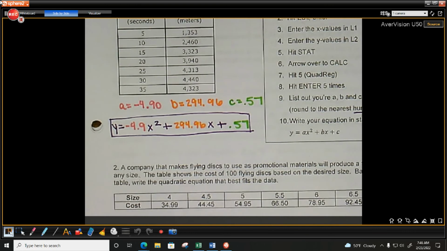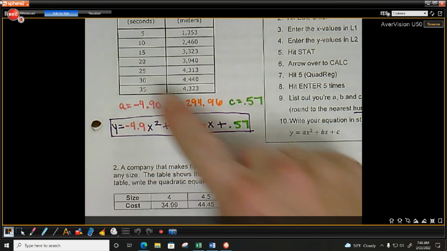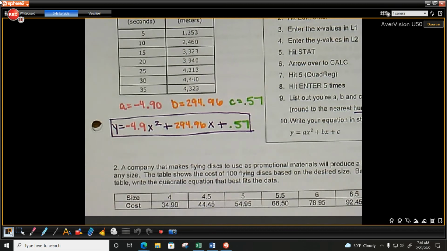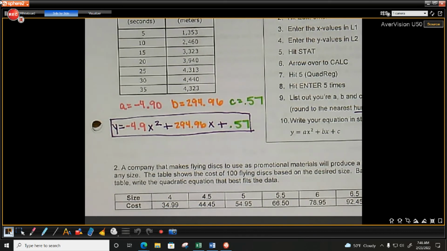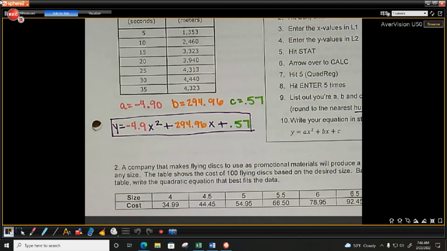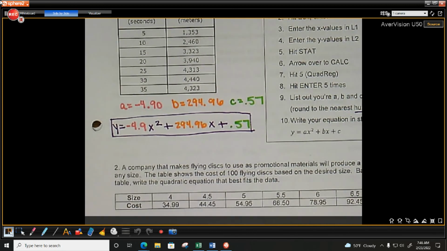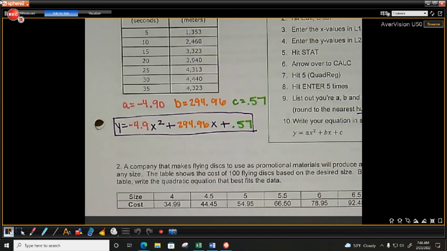No, it's a rough estimate, okay? But we use our regression equation to make predictions, okay? If we wanted to know what the projectile height is after 50 seconds, I could plug 50 in for x and find y, the height, okay? We good? We ready to do one more? And then we're done with notes.